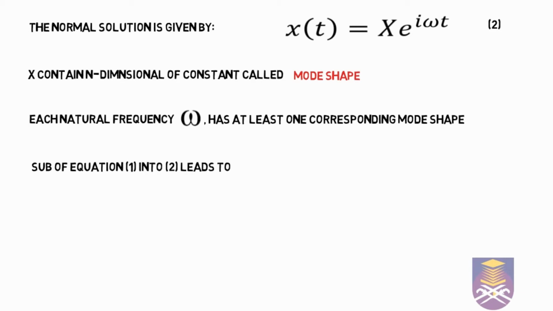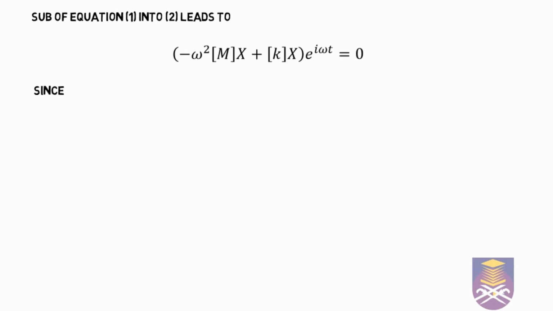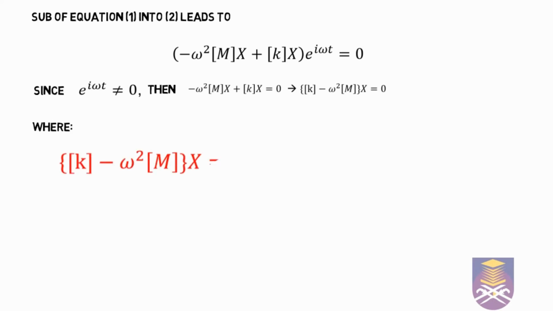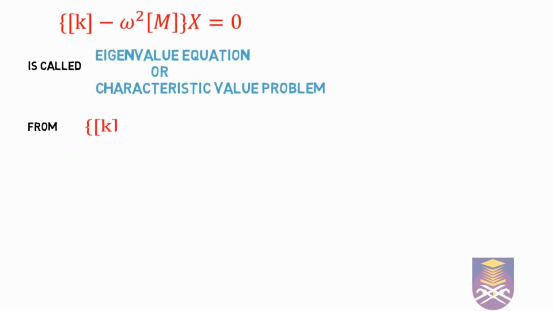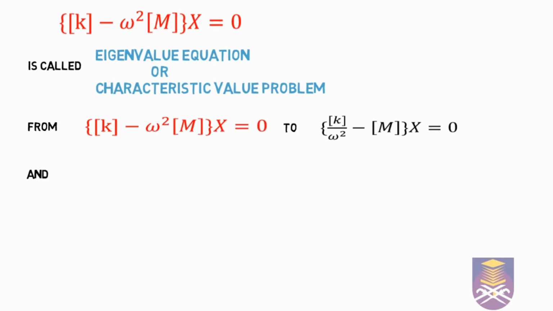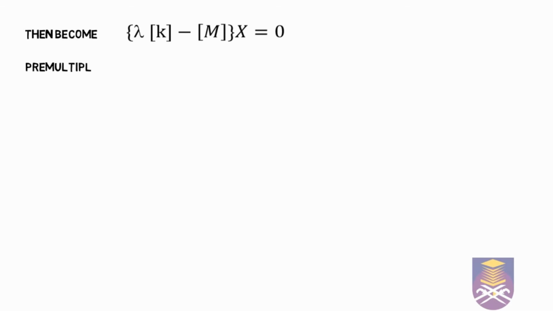Then, we substitute equation 1 into 2, which is negative omega square M X plus K X, in brackets, e to the power i omega t equal to 0. Since e to the power i omega t is not equal to 0, (K minus omega square M) X equal to 0 is called the eigenvalue equation. By letting lambda equal to 1 over omega square, it becomes (lambda K minus M) X equal to 0.